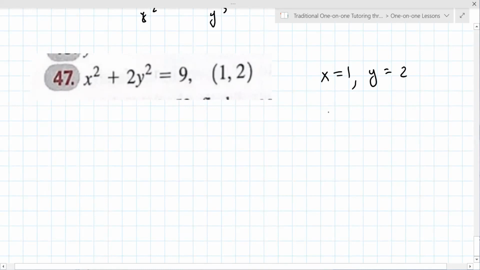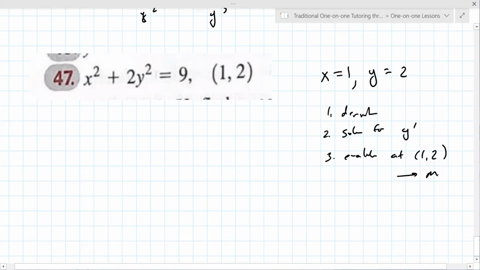So you have to first take the derivative. You have to solve for y prime, and then evaluate at (1, 2) to get the slope. So go ahead and find the implicit derivative. Let me know when you're done, and then I'll work through it real quick.